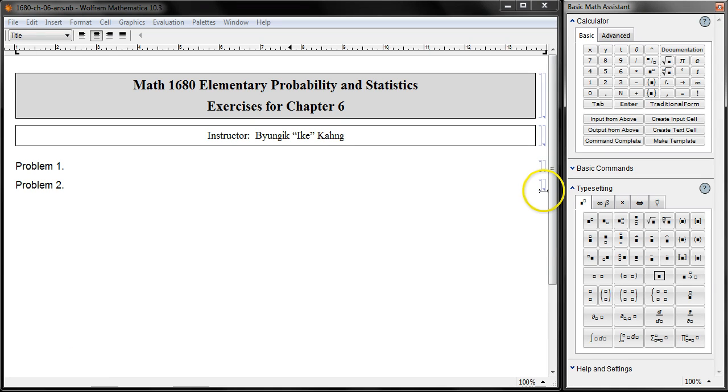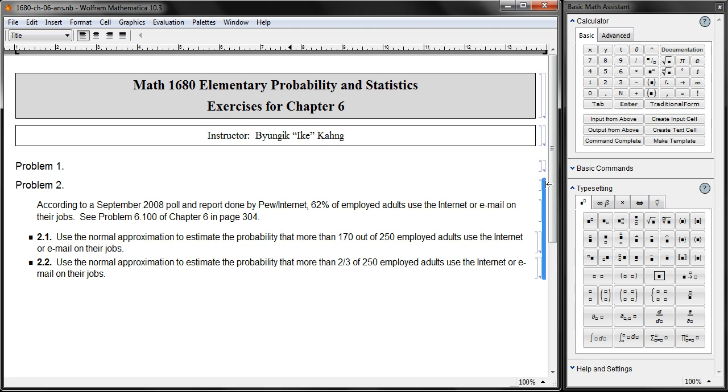Problem 2 is about the normal approximation of binomial. According to a September 2008 Pew Internet report, 62% of employed adults use the internet or email on their jobs. 2.1.